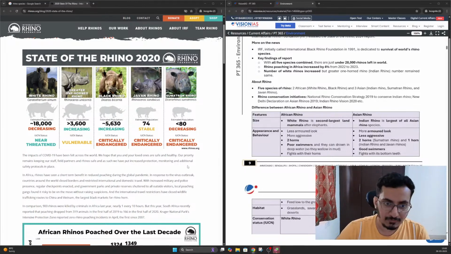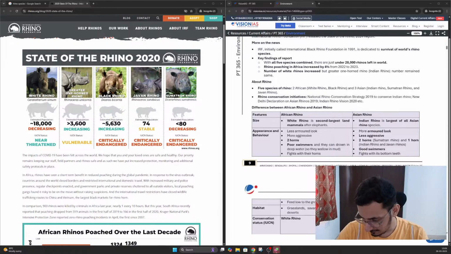So basically, most of the population of Indian rhino is concentrated in Assam, just a single state, and out of that, 90% is concentrated only in a single national park, that is Kaziranga National Park. If something happens to the national park, that would be a lot of problems to these poor rhinos.